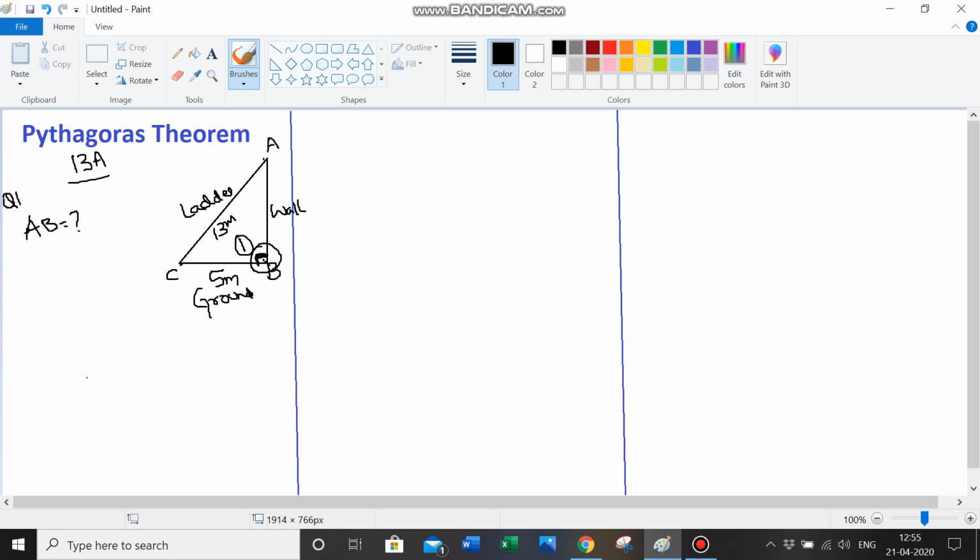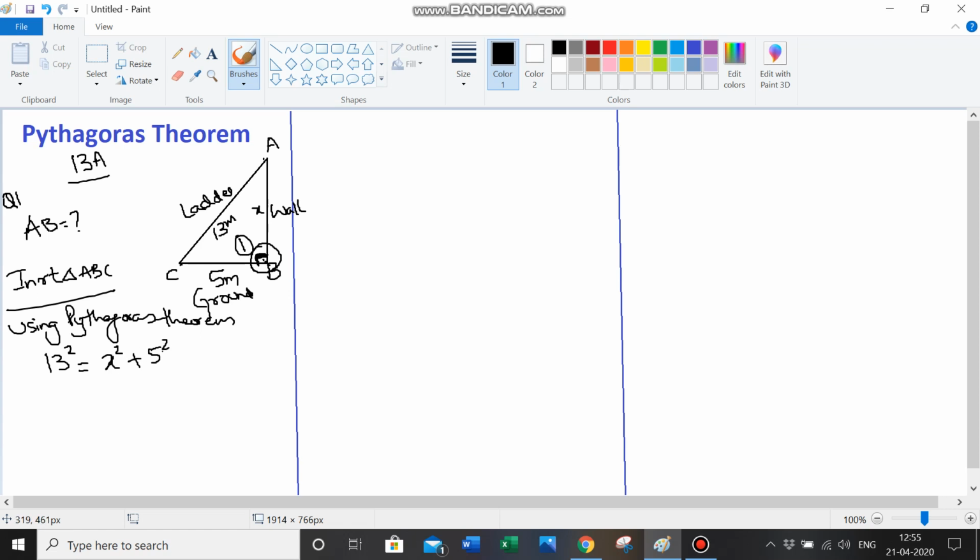So let's move on. So we will write, in right triangle ABC, using Pythagoras theorem, we have 13 square is equal to AB, let's call it x, x square plus 5 square.